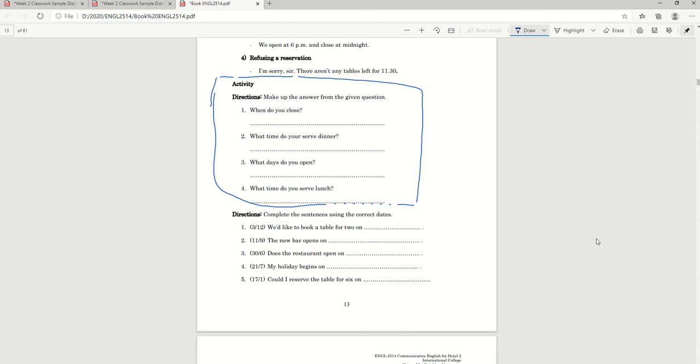And we are going to use the pronoun we to refer to the restaurant.